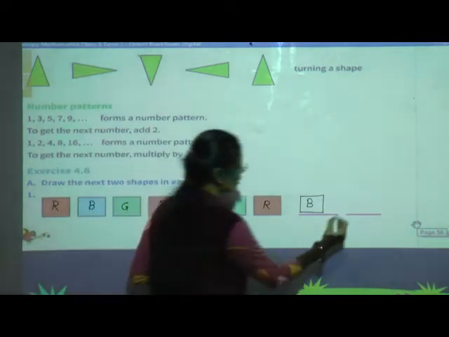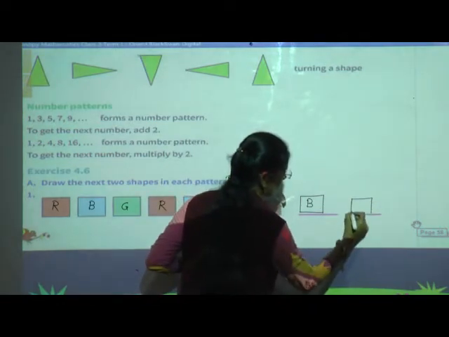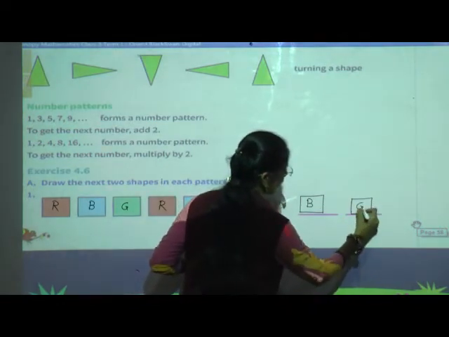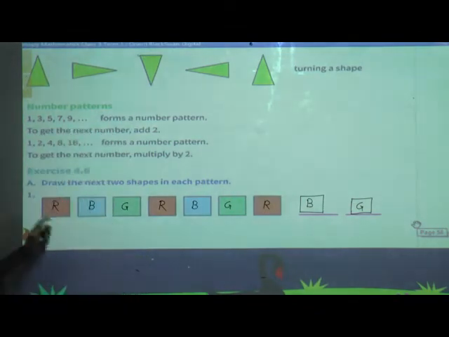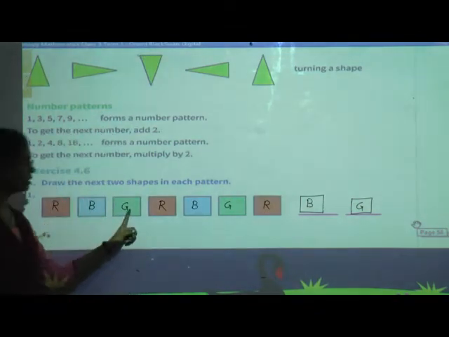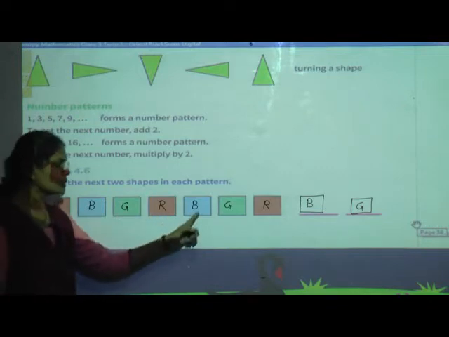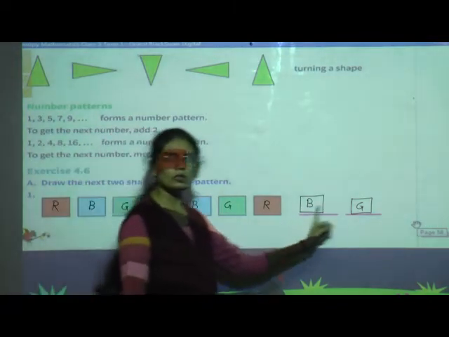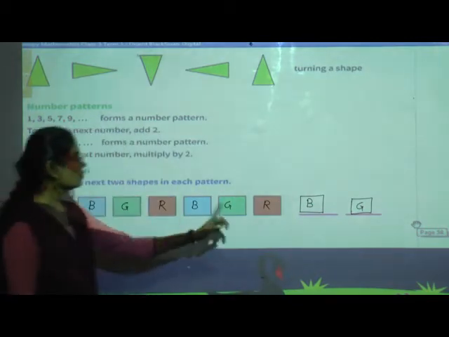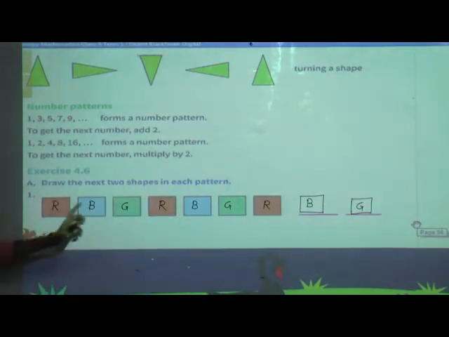Yes, green color square is there. So draw one square and color it with green. So in this way red color square, blue, green, again red, blue, green. In this way we can draw the next two shapes.